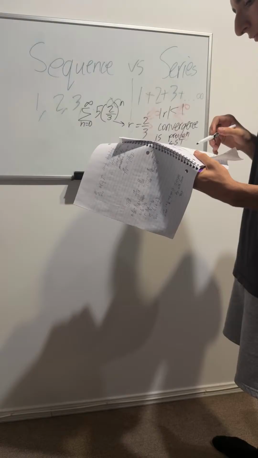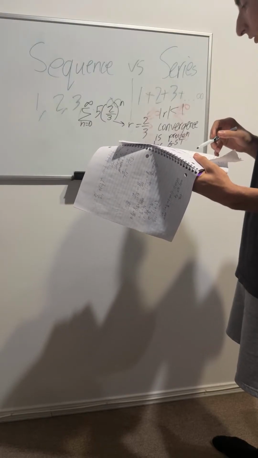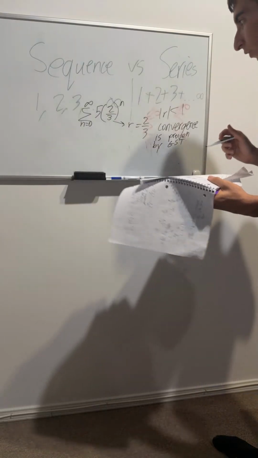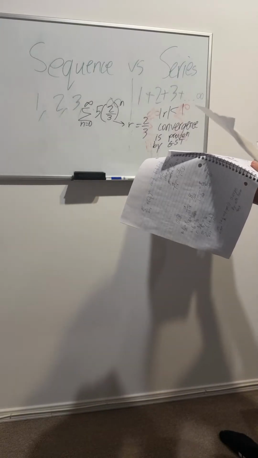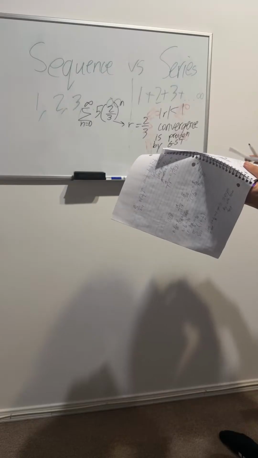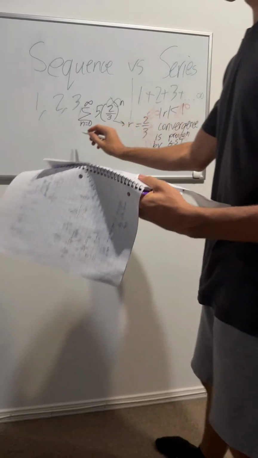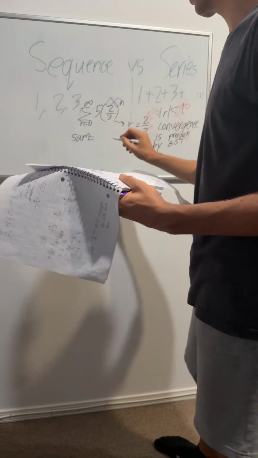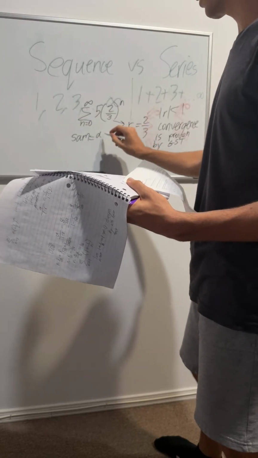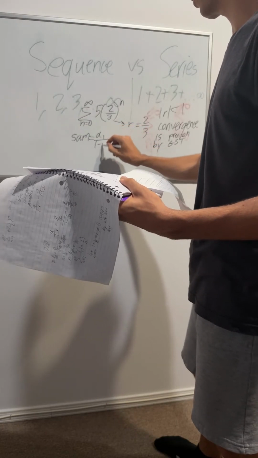Okay, what does it say next in the instructions? In addition, find the sum of the series if possible. How do we find the sum of this series? Interesting question. There's a little known formula. I'm writing the formula: sum equals a1 over 1 minus r.